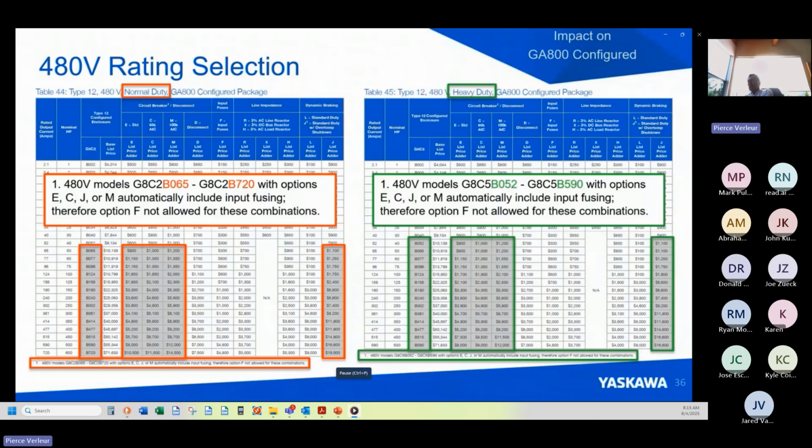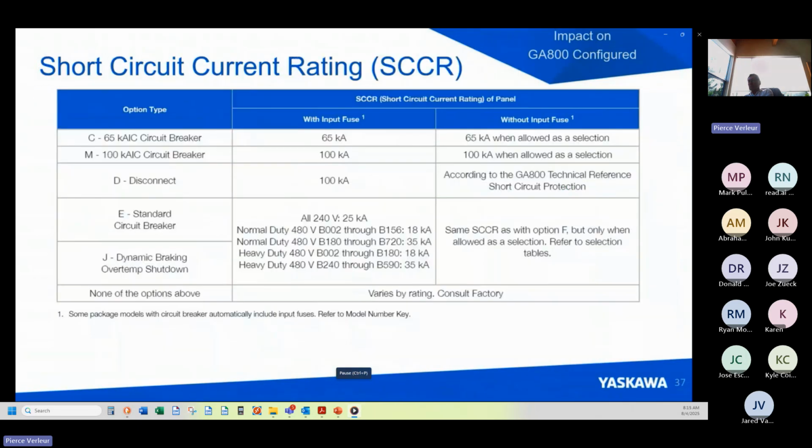In addition to that, we also tried to clear things up, because we are asking you to know what your available fault current is in the job you're trying to apply a package to. So we're helping you up front by listing, for some very common combinations of our packages, what the SCCR rating is, so that you can make your proper selection on the front end.